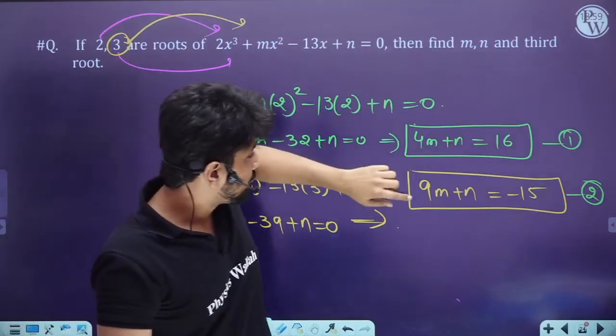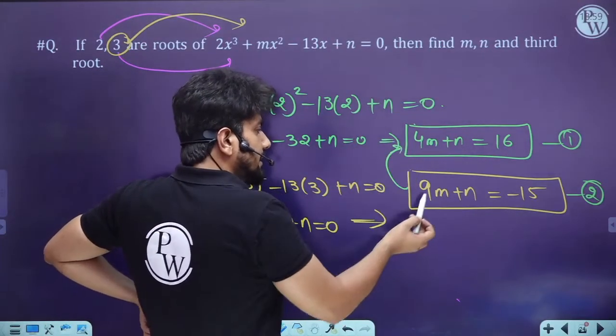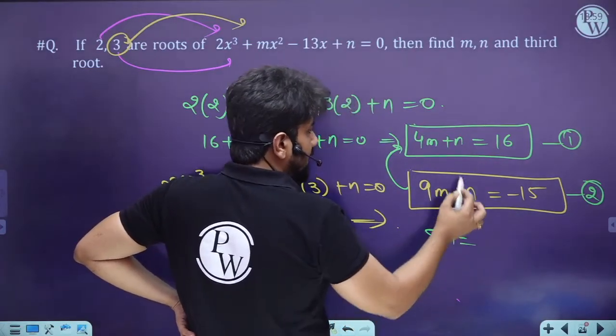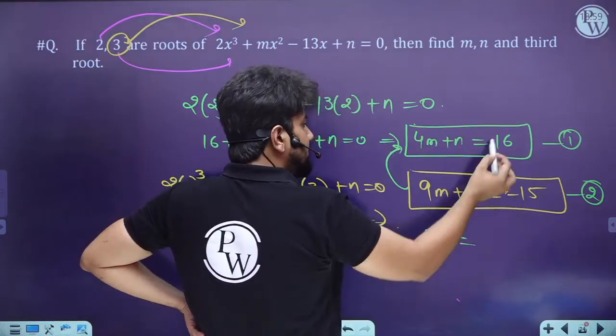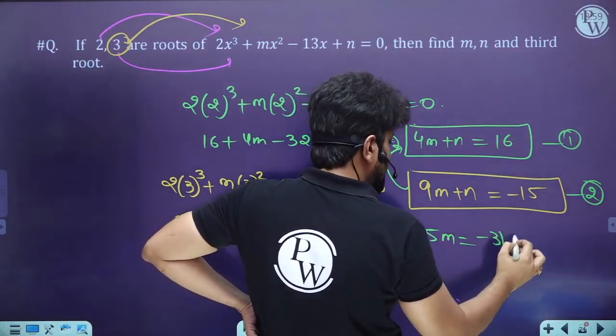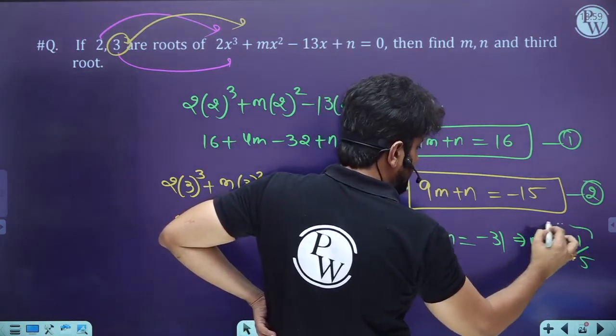Now, if you subtract these two equations, equation 2 minus equation 1, 9m minus 4m will be 5m. N will get cancelled out. Minus 15 minus 16 will be minus 31. So the value for m is equal to minus 31 by 5.